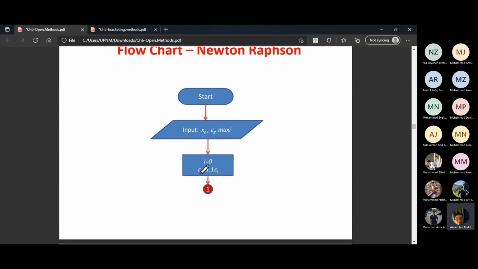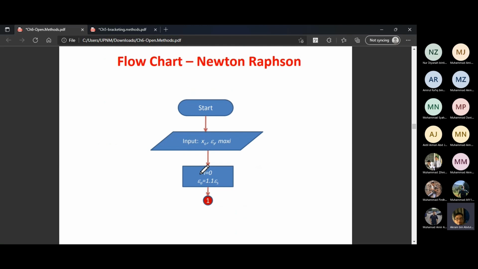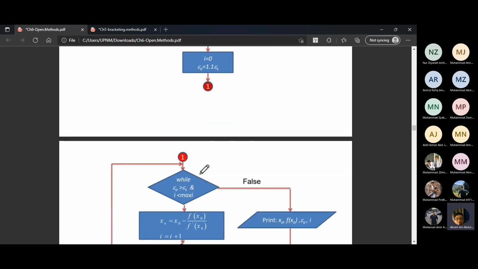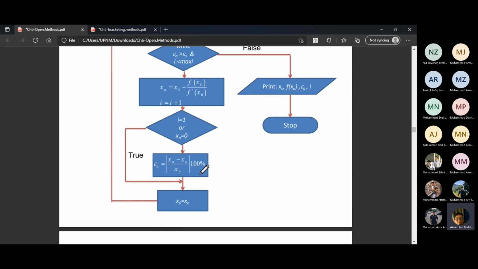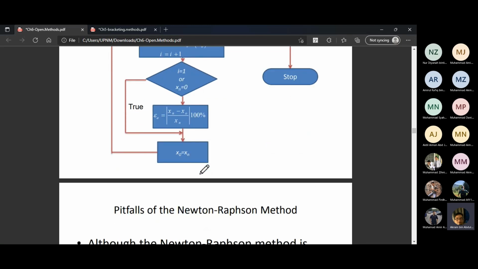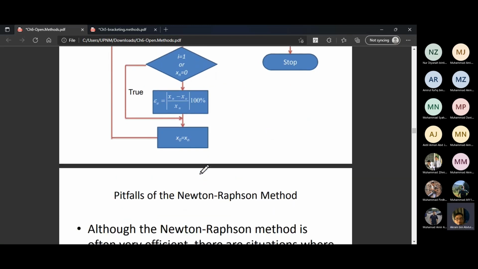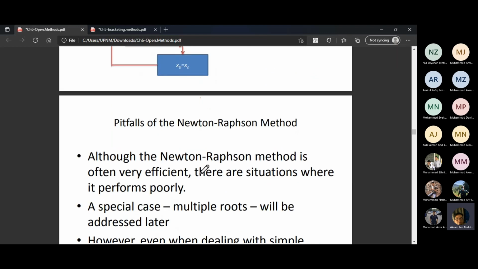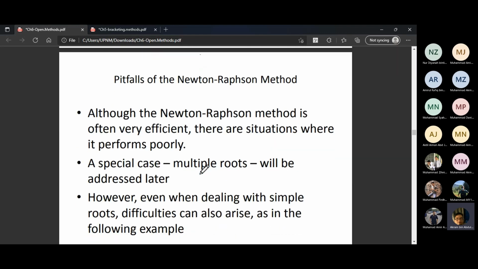Okay, so sama juga if you want to program this Newton Raphson method in MATLAB, you can use this flowchart as a guide to program using MATLAB. Although the Newton Raphson method is often very efficient, there are situations where it will perform poorly. There are some special cases where we try to solve multiple roots.